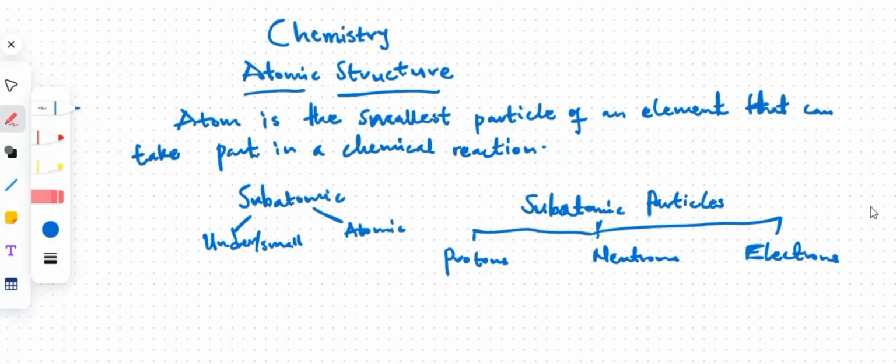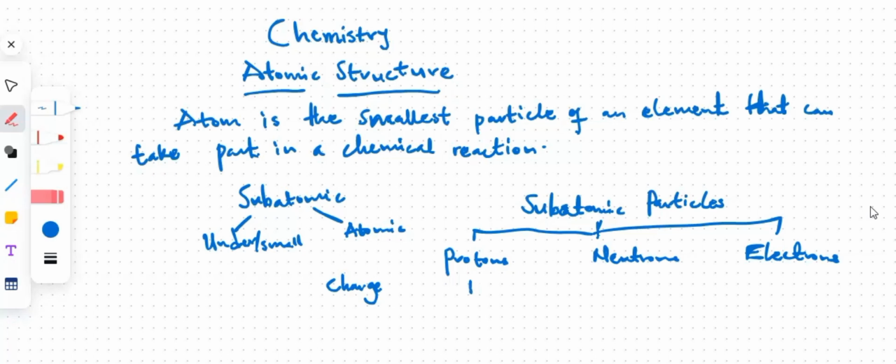So there are 2 things you need to know about your protons, neutrons, and electrons. You should know their charge. For protons, it is +1, or 1 plus, whatever you call it.